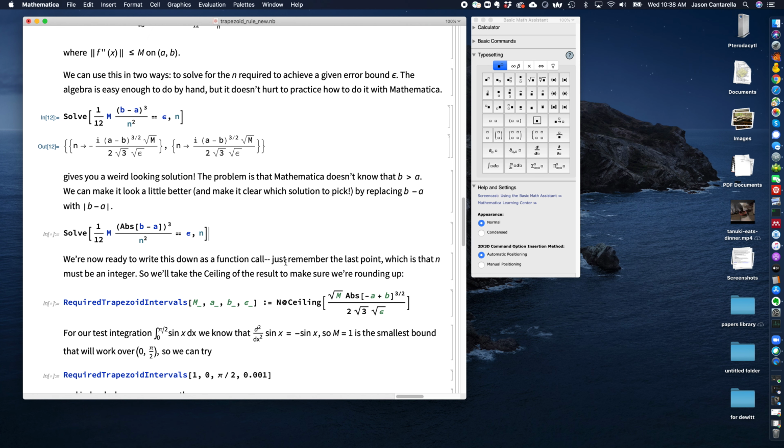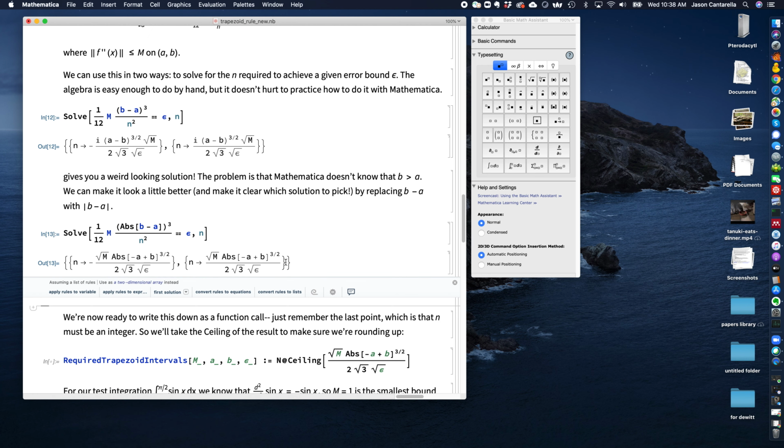So you can make it look a little bit better by replacing this with the absolute value of b minus a cubed over n squared, which at least makes it clear which solution is the positive one, that's this one on the right, or which solution is the negative one, that's this one on the left.